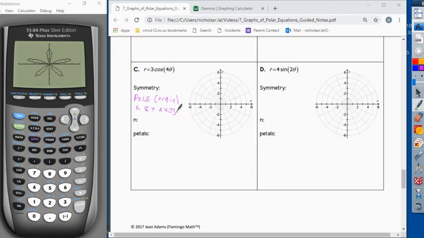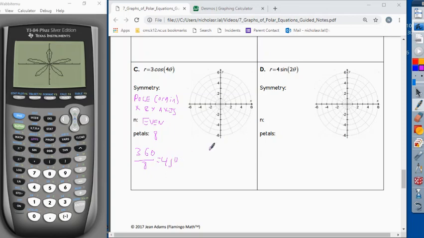So let's look at a full symmetrical petal. Our n value is even, and our petals have the value of 8. When we are fully symmetrical, we will have 360 divided by 8, that's going to be 45 degrees.